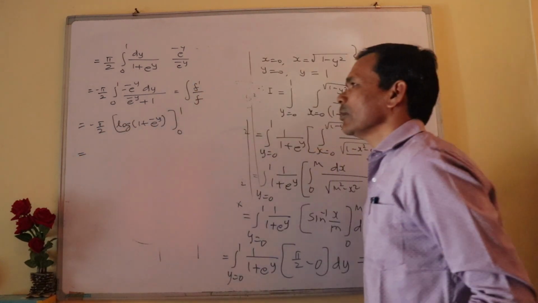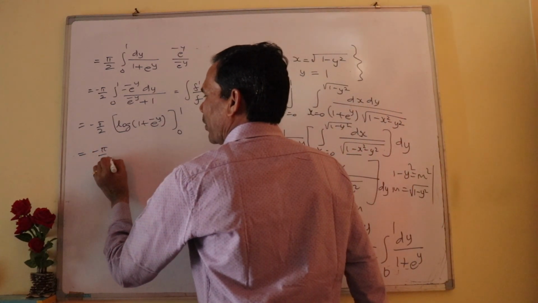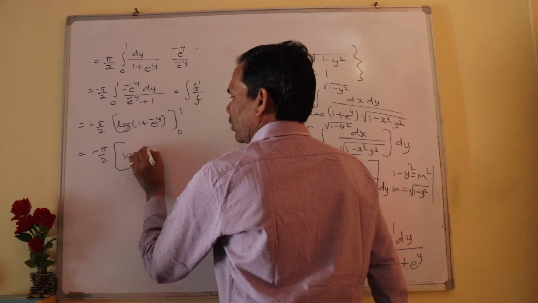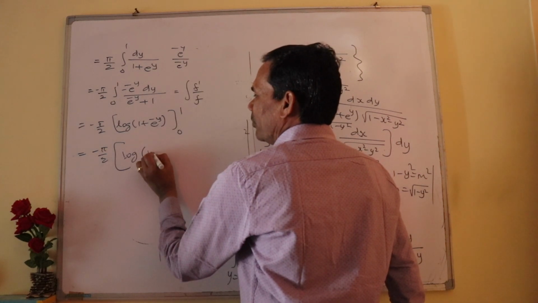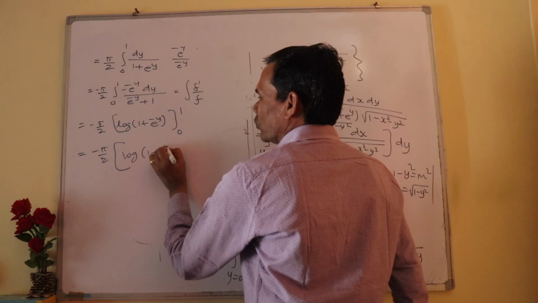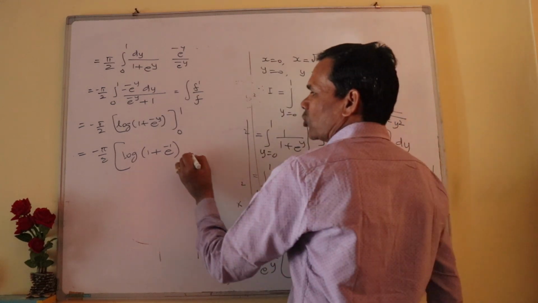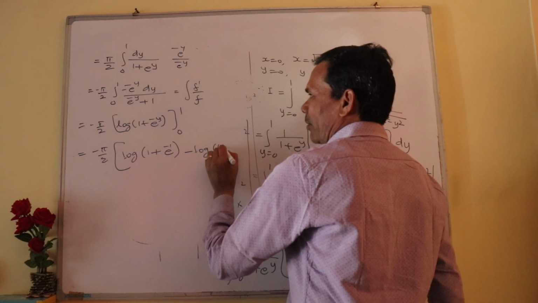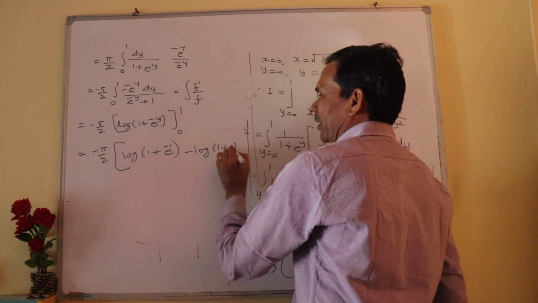This is equal to minus pi by 2 and upper limit minus lower limit: if you are putting 1, log of 1 plus e raised to minus 1, upper limit minus lower limit, minus log of 1 plus e raised to 0, it is 1.